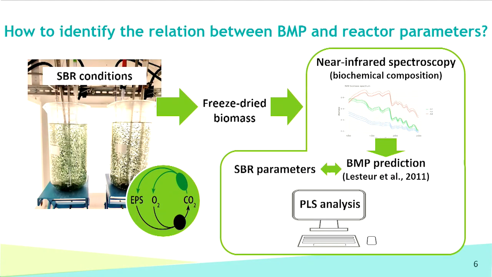In addition, the NIR also allows us to obtain a biochemical characterization of this biomass. And afterwards we analyze this data, the BMP data and the parameters, through a PLS analysis, a partial least-squares regression. This allows us to extract the parameters that have more influence on the BMP.